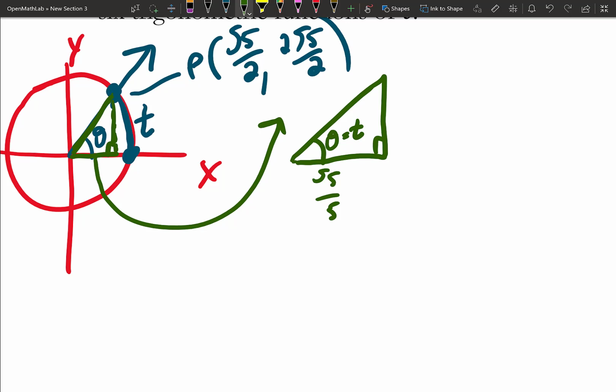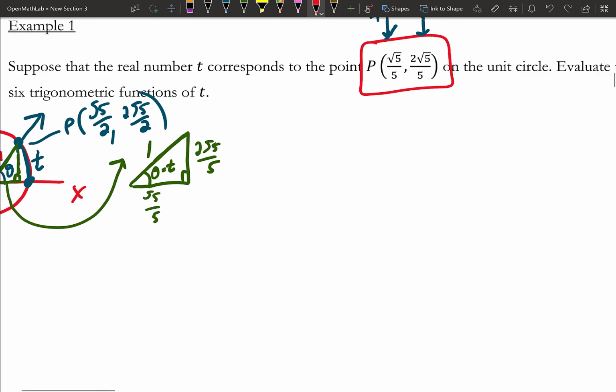And this part here is 2 radical 5 over 5, the y coordinate. And the hypotenuse of this is equal to 1, and I know that's equal to 1 because we're on a unit circle. The radius is 1. So this is the triangle we want to be thinking of, and we're focused in on this angle here.